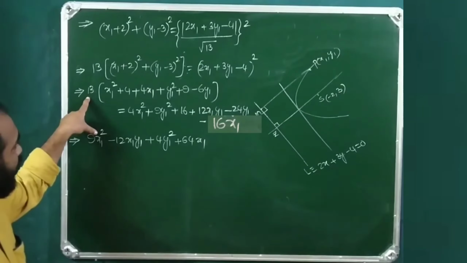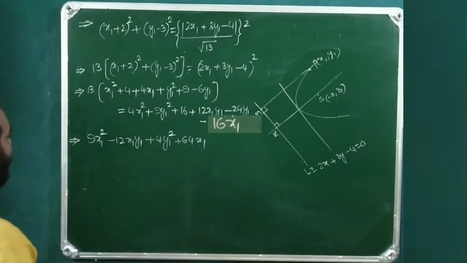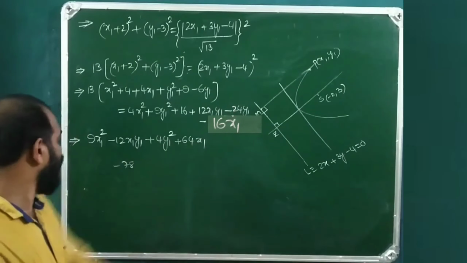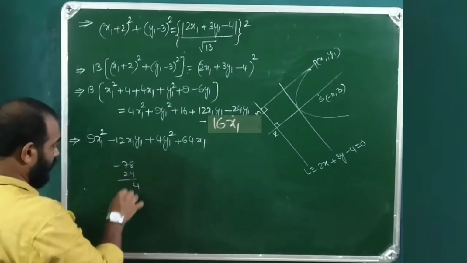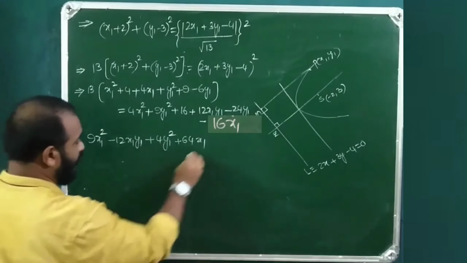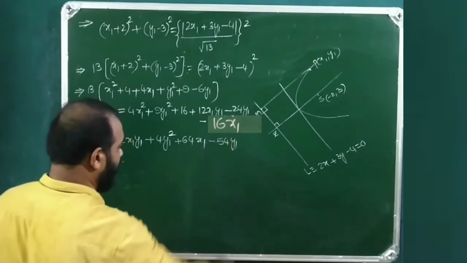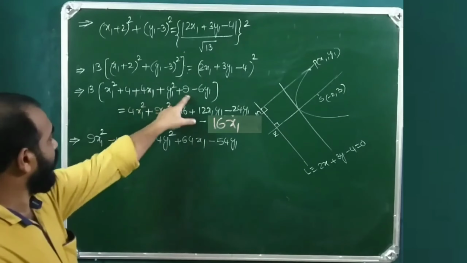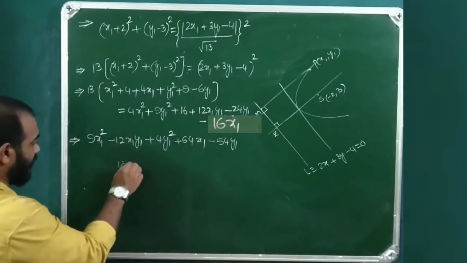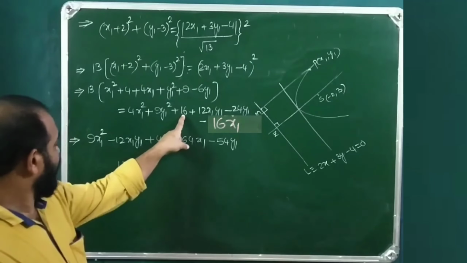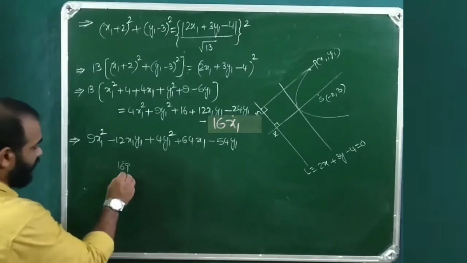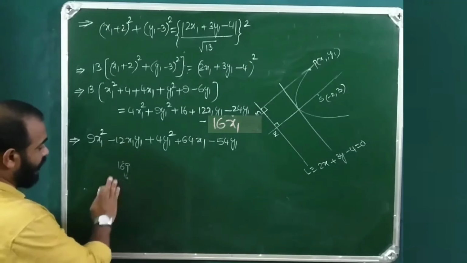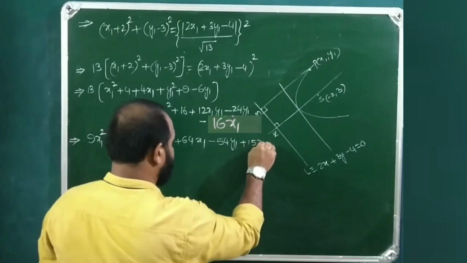Next, 13 into 6 is 78, minus 78, plus 24, so minus 54y1. Next, 13 13s are 169, plus 16, which transposed becomes minus 16, gives 153, equal to 0.